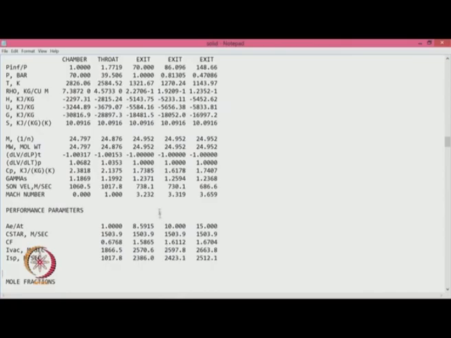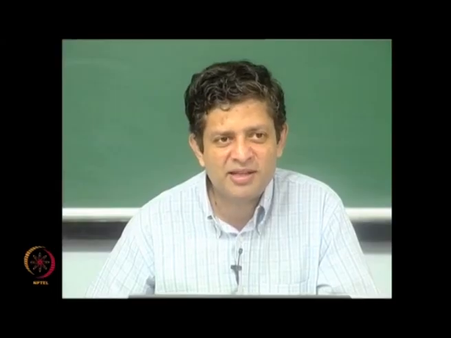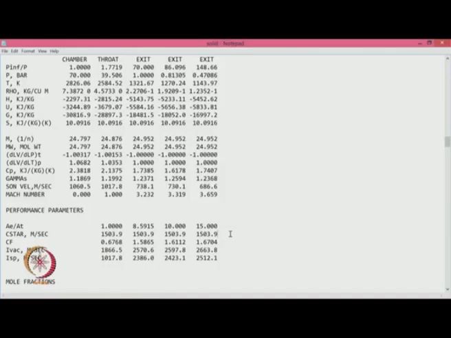Look at the other thing: the temperatures you get here are lower, and the molecular weight is also lower. In that case the temperature was higher and the molecular weight was higher, it went up to something like 27. So, this was around 3400 and this was 27, therefore you ended up getting a higher specific impulse.